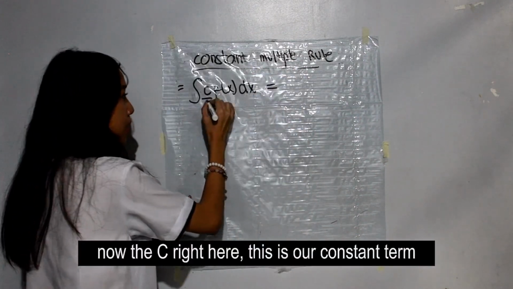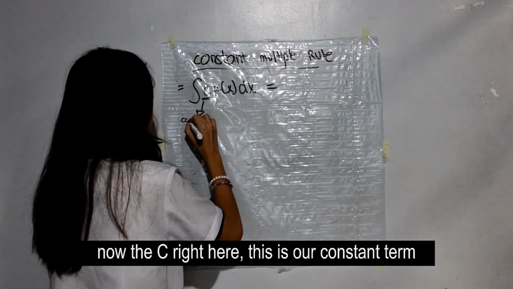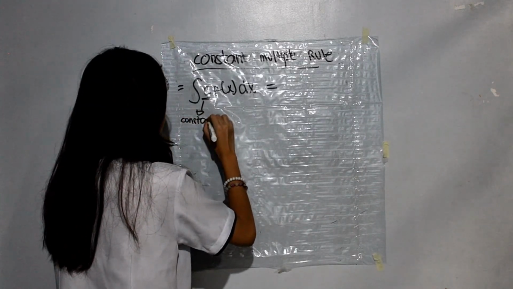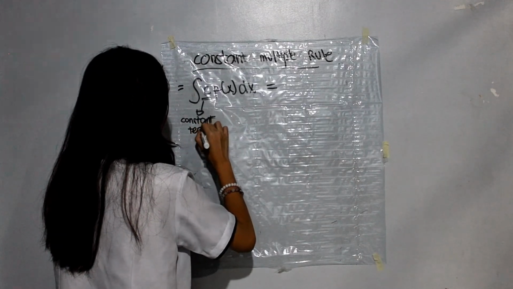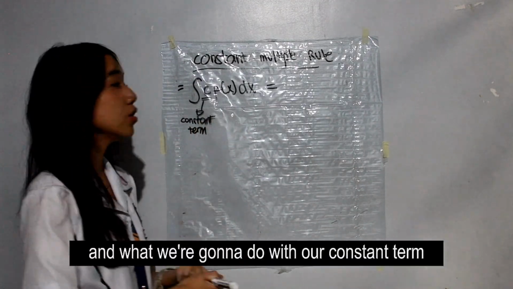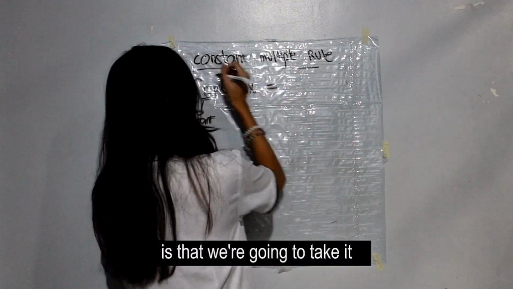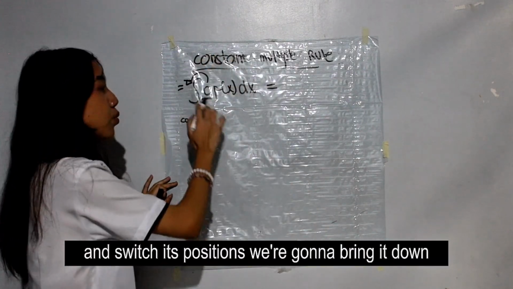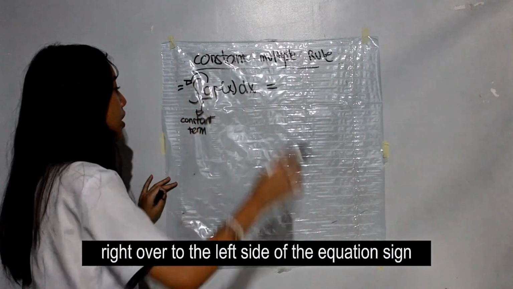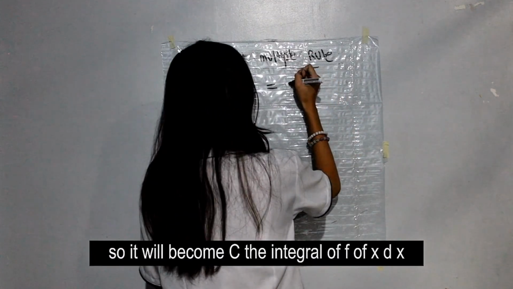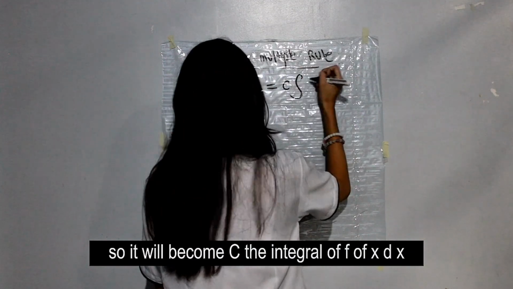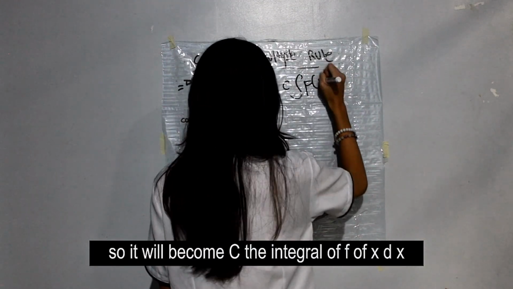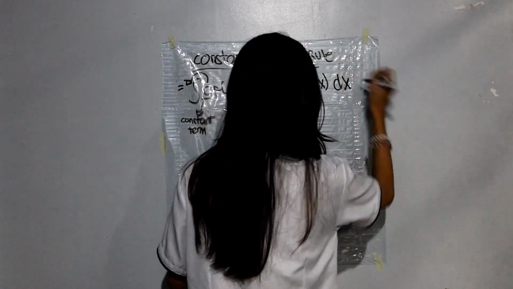Now the c right here, this is our constant term. And what we're going to do with our constant term is that we're going to take it and switch its position. We're going to bring it over to the left side of the integral sign. So it will become c, the integral of f of x dx.